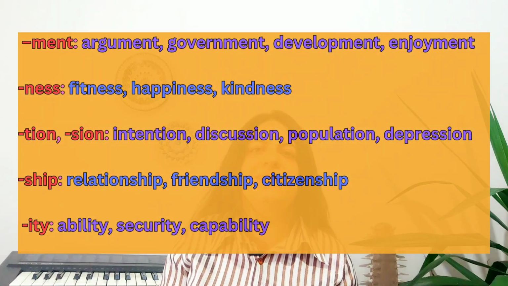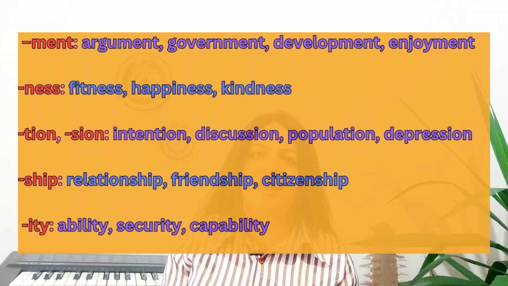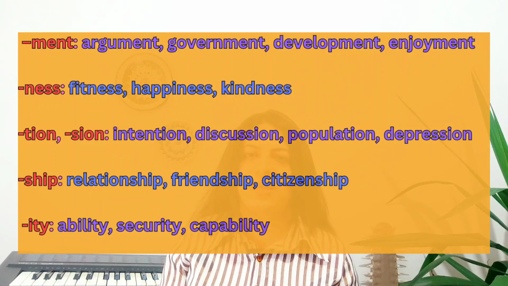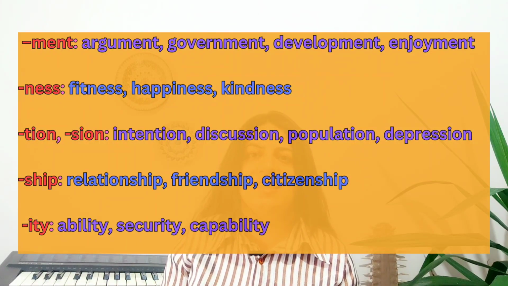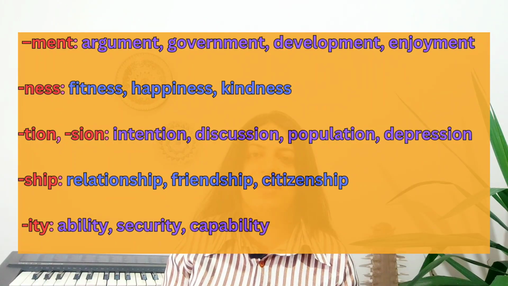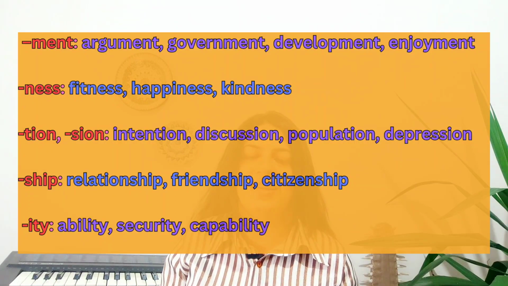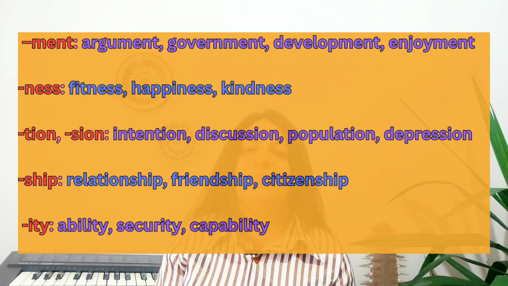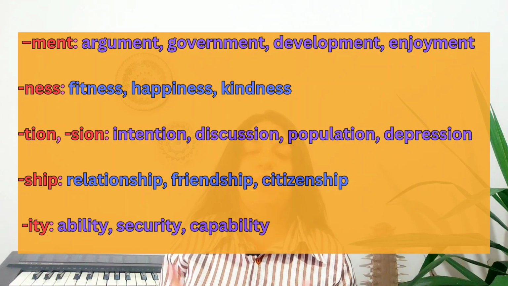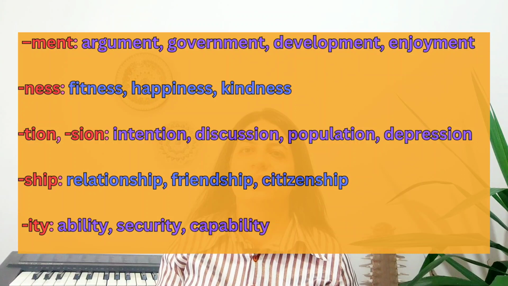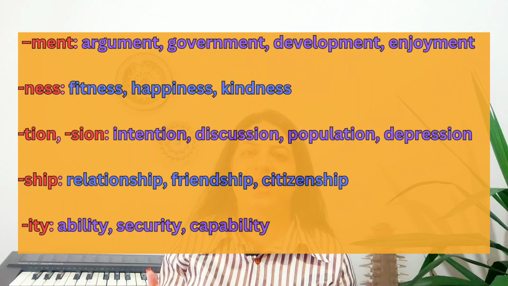Number 1 is ment, like argument, government, and enjoyment. Number 2 is ness, like fitness, happiness, kindness. Number 3 is tion, like intention, discussion, population. Number 4 is ship, like relationship, friendship, citizenship.